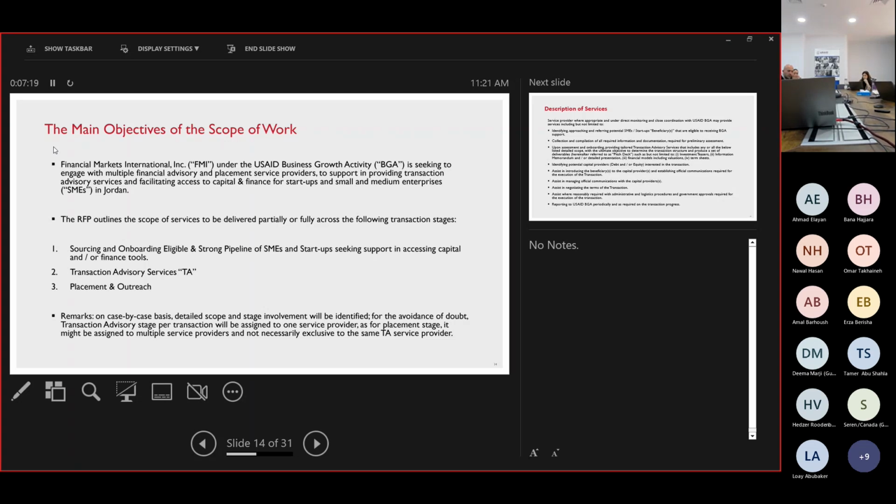And as I said, these are firms seeking growth capital, SMEs under private equity kinds of structures, or startups under VC. The journey to achieve this result starts with providing the needed transaction advisory services.